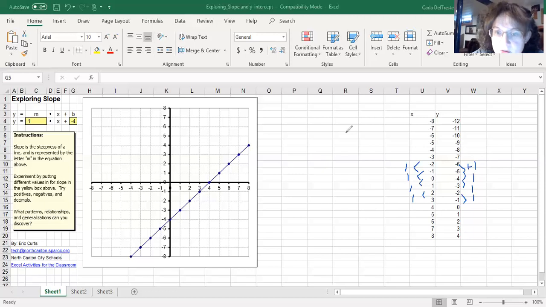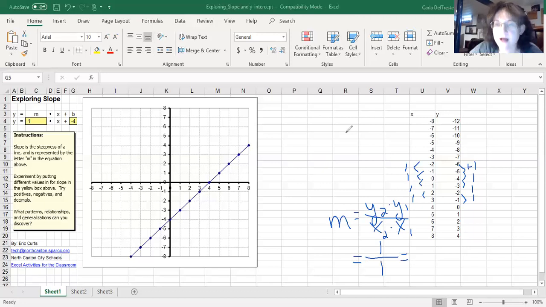If I do slope as y2 minus y1 over x2 minus x1, the change in y is 1, the change in x is 1, and so I get a slope of 1.